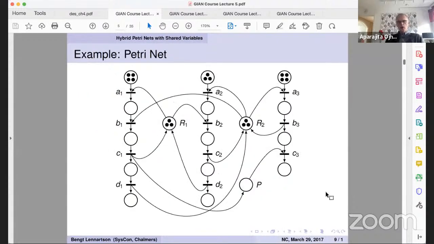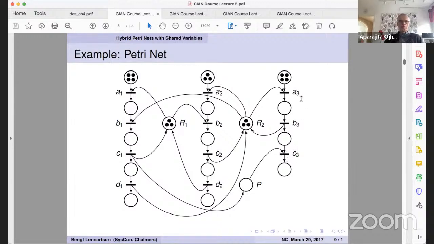Now I will show you how this can be used for Petri nets. And here you see, with just 3 sequences of tasks, there are already quite a number of arcs going back and forth, just describing the logics around these 2 resources, R1 and R2, and the fact that the event C1 must happen before you can execute C3 in this case.